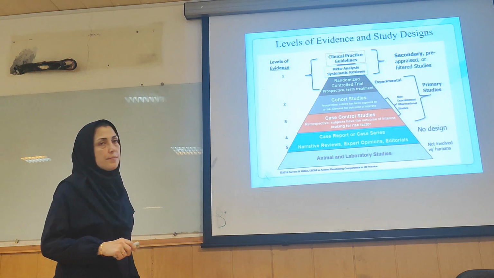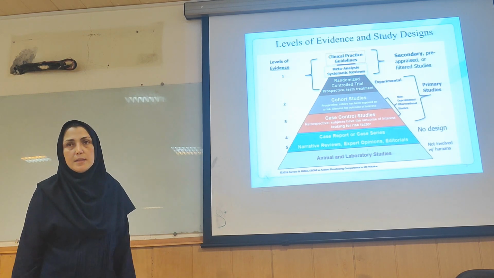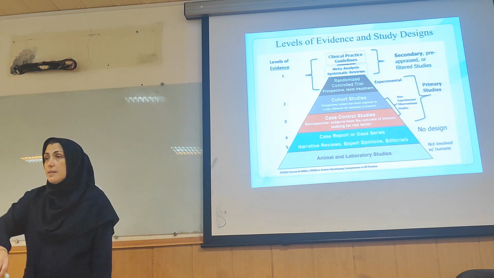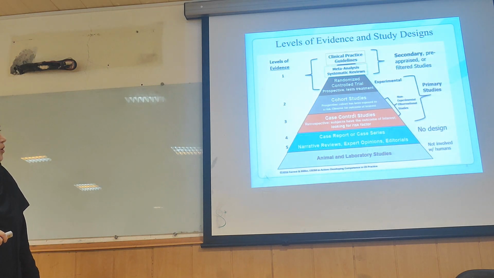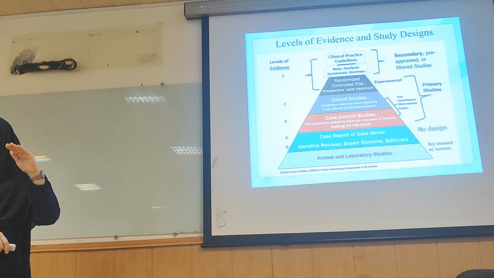What is this? It is level of evidence and study designs. It means that each study has its own power, its own level of evidence. When you are going to the top of this pyramid, the level of evidence is higher.